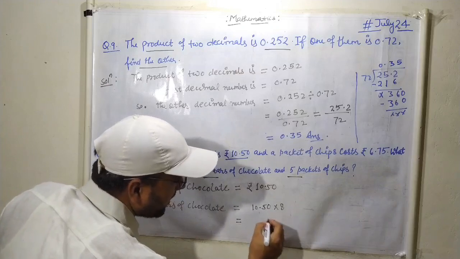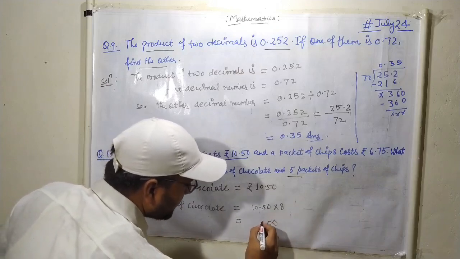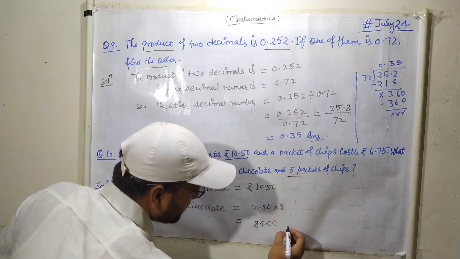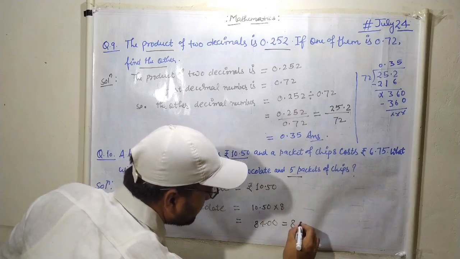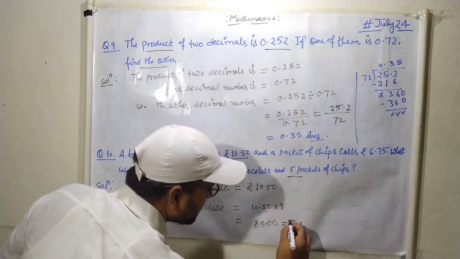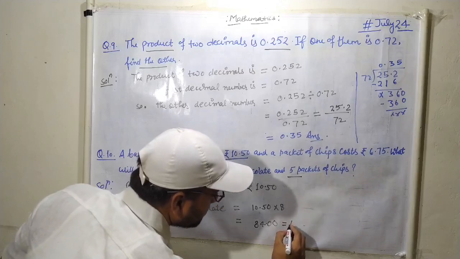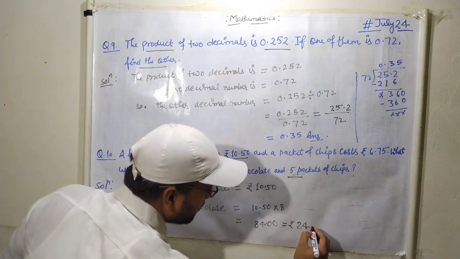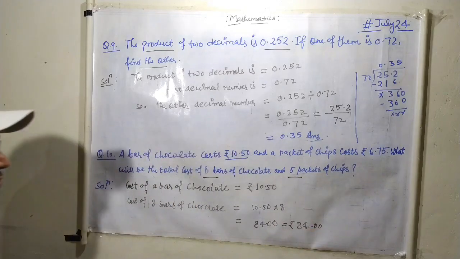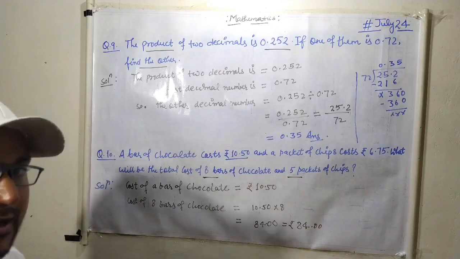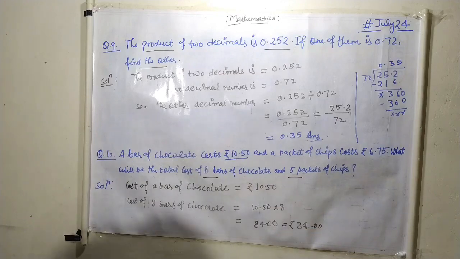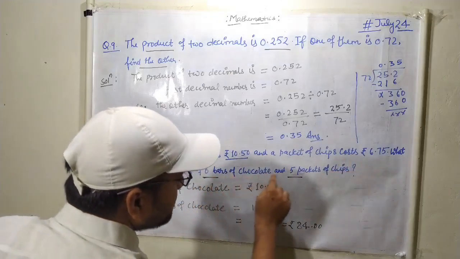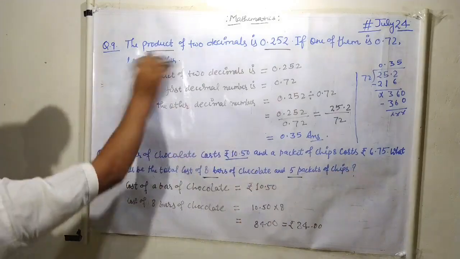Multiply this: 0, 5 fours are 20, 4 carried, 8 ones are 8. There are 2 decimal places, so put the decimal. You will get rupees 84. You can write the point also if you want: rupees 84.00. So this is the cost of 8 bars. Now what is the cost of 5 packets of chips?